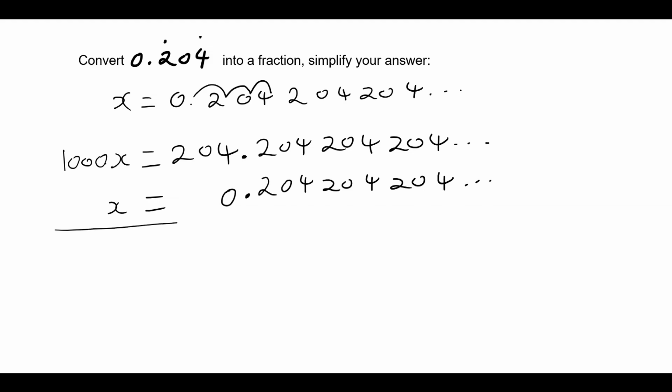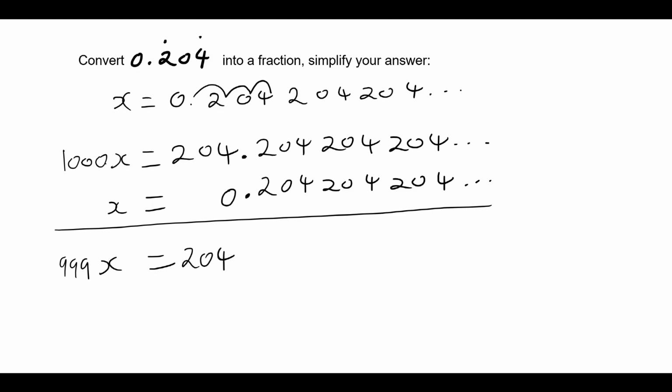I'm going to subtract these two expressions, so I have 999x is equal to, everything after the decimal cancels out in this case, giving me just 204. So I can say x equals 204 divided by 999.